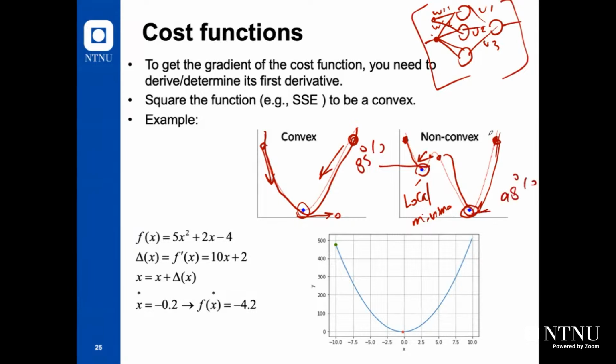If you get 85% and 98%, you will understand that you have a local minimum and a global minimum, right? So in this case, you will know surely that you need to reach this global minimum and not that part. There is no way to see the cost function or the loss function, but the best way to solve it is to start each time from different initial random weights.